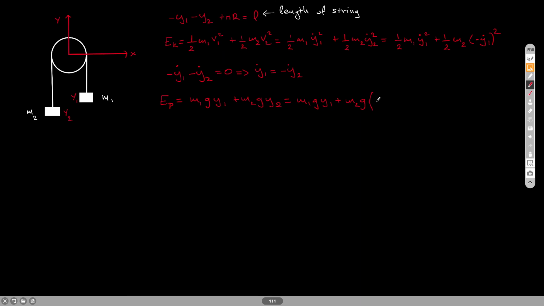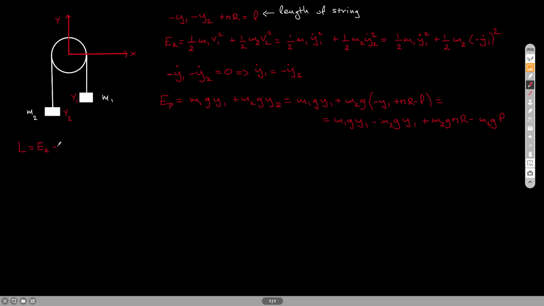So y2 will be equal to minus y1 plus pi r minus L. And this becomes m1 g y1 plus m2 g, no, there's a minus sign, minus m2 g y1 plus m2 g pi r minus m2 g L. This is the potential energy for the system.